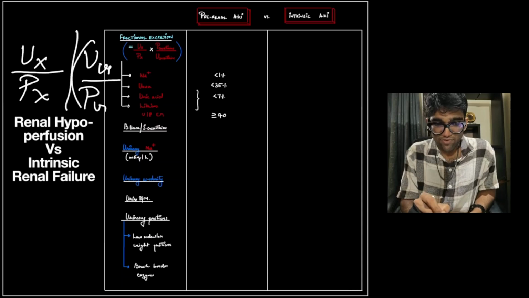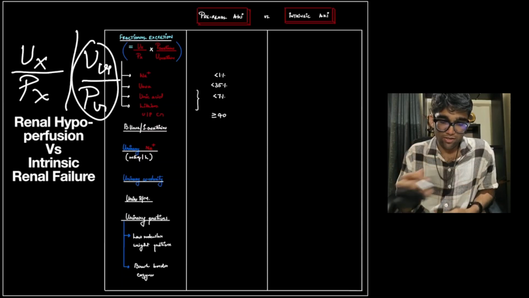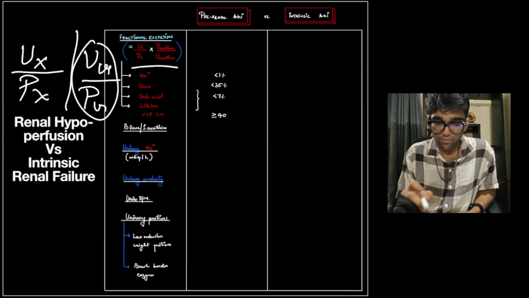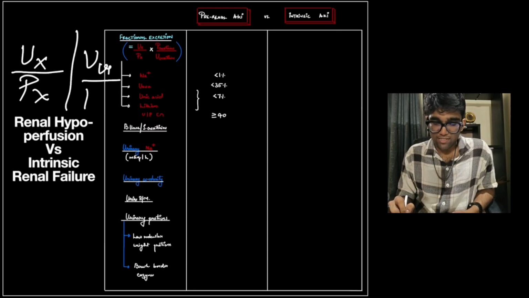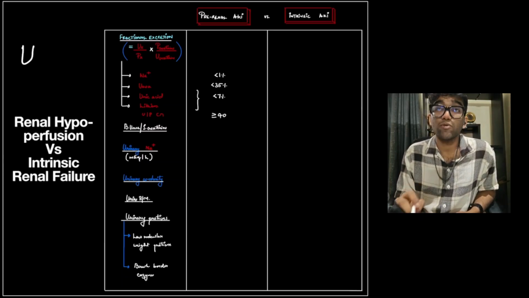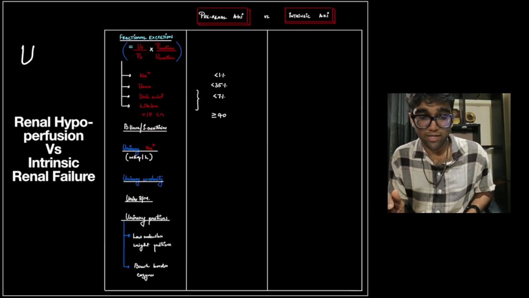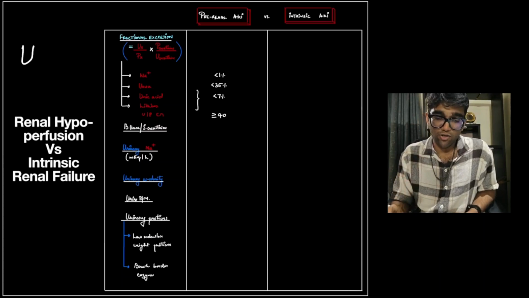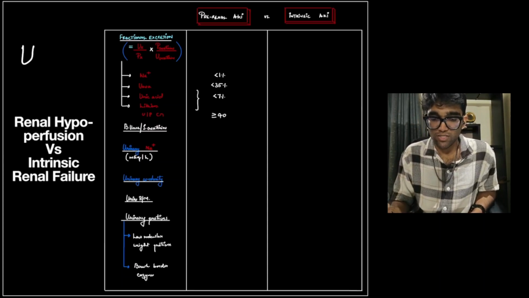Obviously, since this is a division, when you invert it or rearrange the equation, this is what we end up with. So the fractional excretion is basically the urinary concentration of the metabolite divided by the plasma concentration of the metabolite, times the plasma concentration of creatinine divided by the urinary concentration of creatinine.